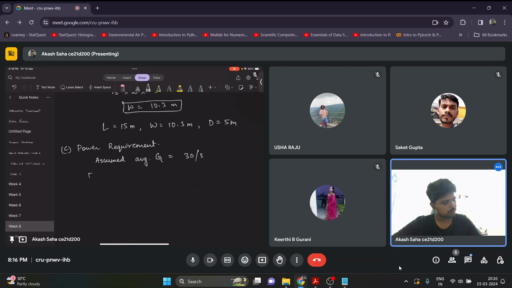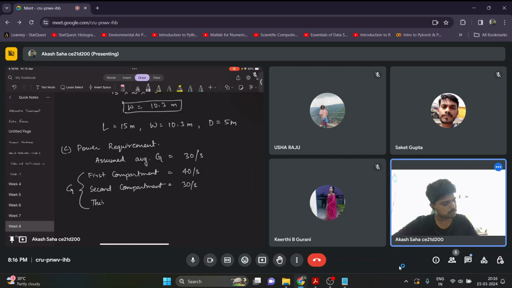So for my first compartment, G will be equal to 40 per second. These are all my G values. For my second compartment, it will be 30 per second.